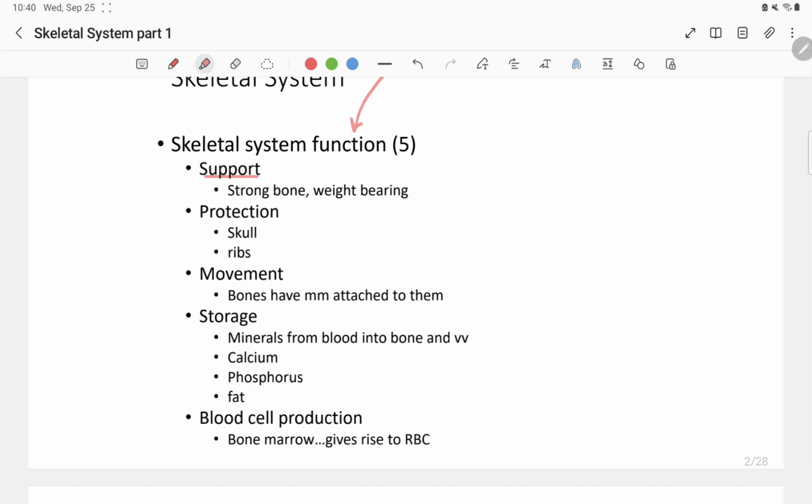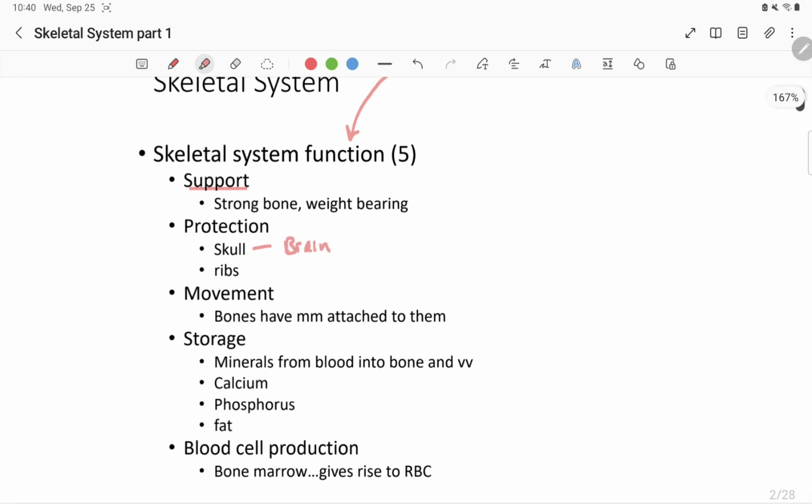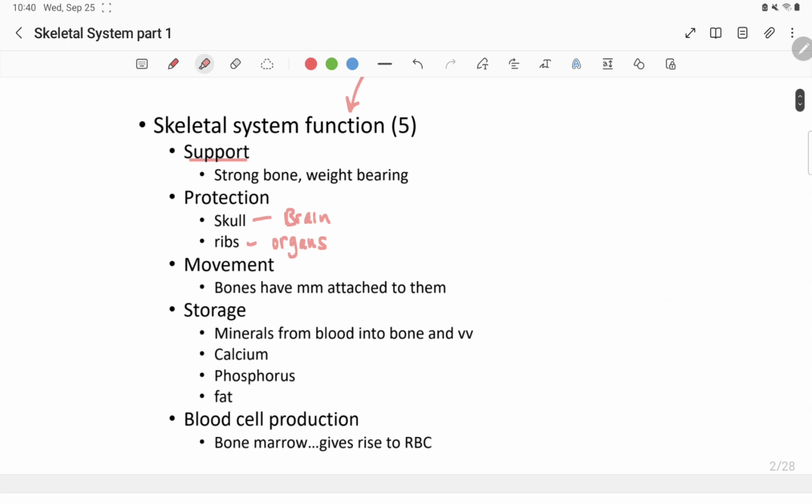It offers protection, such as the skull protects the brain, and the ribs protect the vital organs, such as your heart, lungs, kidneys, liver. Okay, the skeletal system also allows for movement.